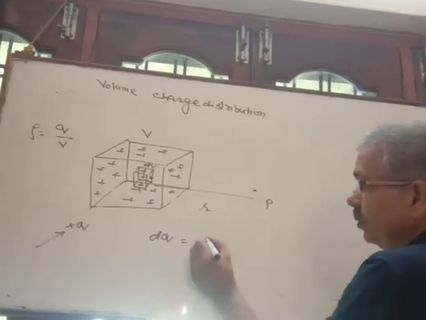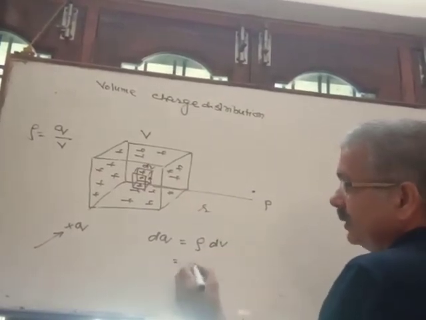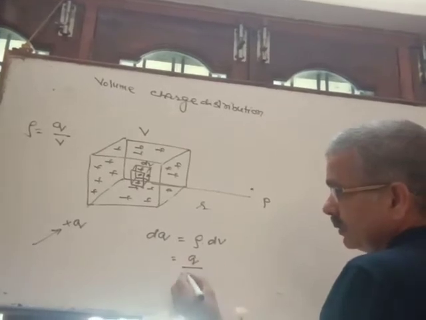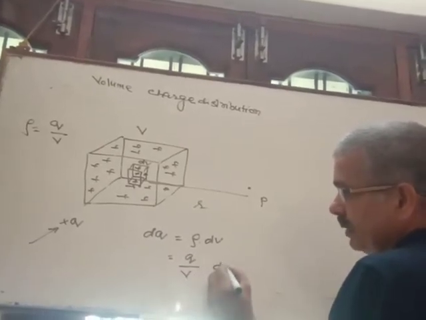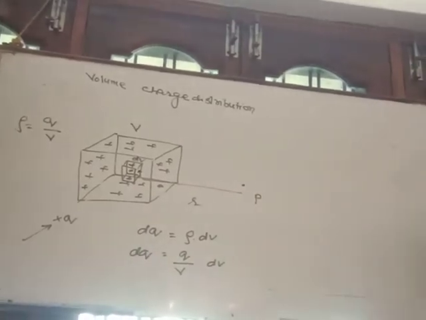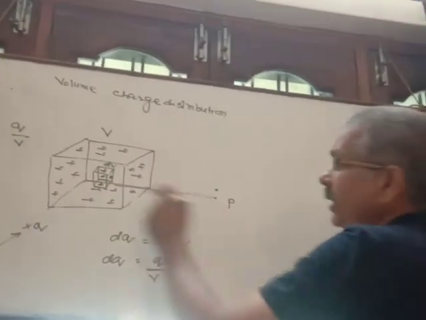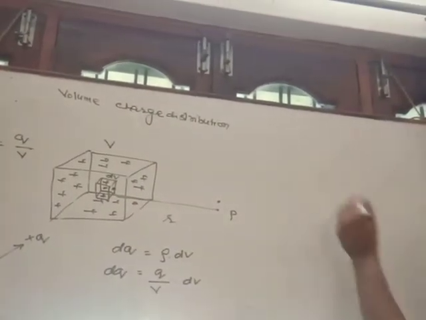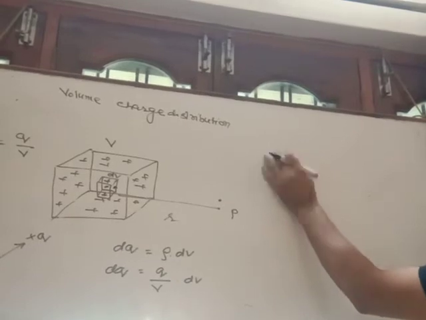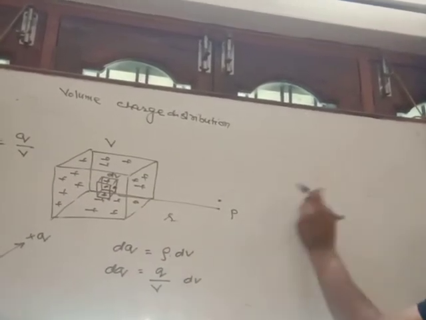So it is rho into the volume of this segment, that is dV, which is equal to Q upon V into dV, which is dq. So first find out the potential at point P due to this small charge dq which is present in that segment.